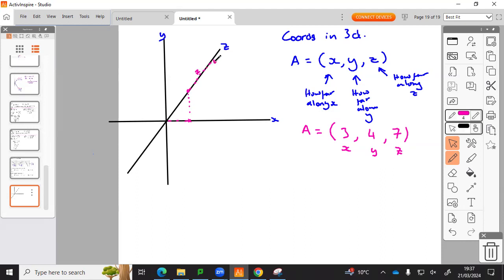So it's like a point in space, and it's sometimes quite difficult to visualize. But you can see the wee pathway. The 3 we're going horizontal, the 4 we're going up the y-axis, and then the 7 I'm going backward, back into the page. There's a depth there.